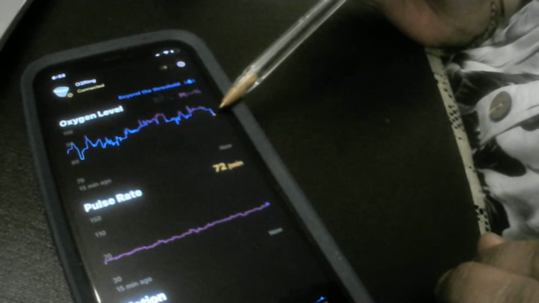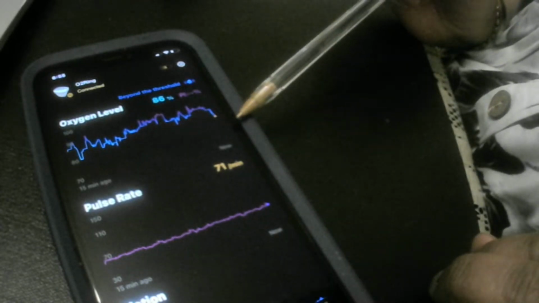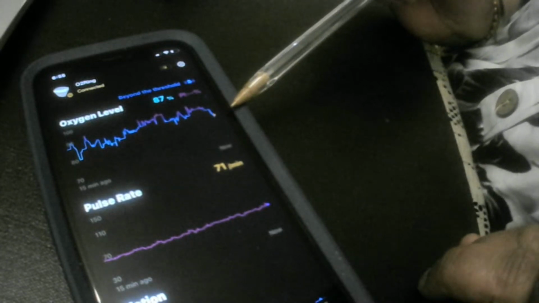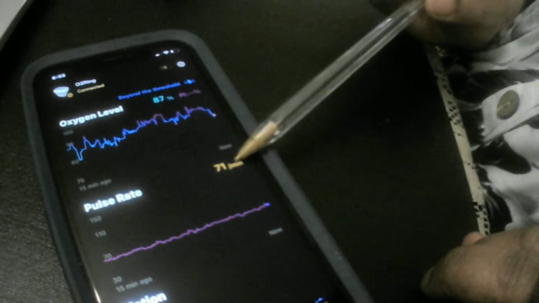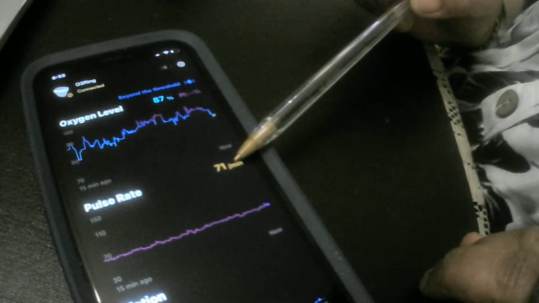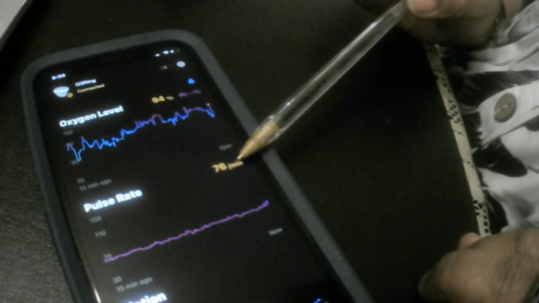Arrhythmia will also decrease your oxygen. Down to 86 again. Notice the heart rate is now changing. Oh, here we go, 76.